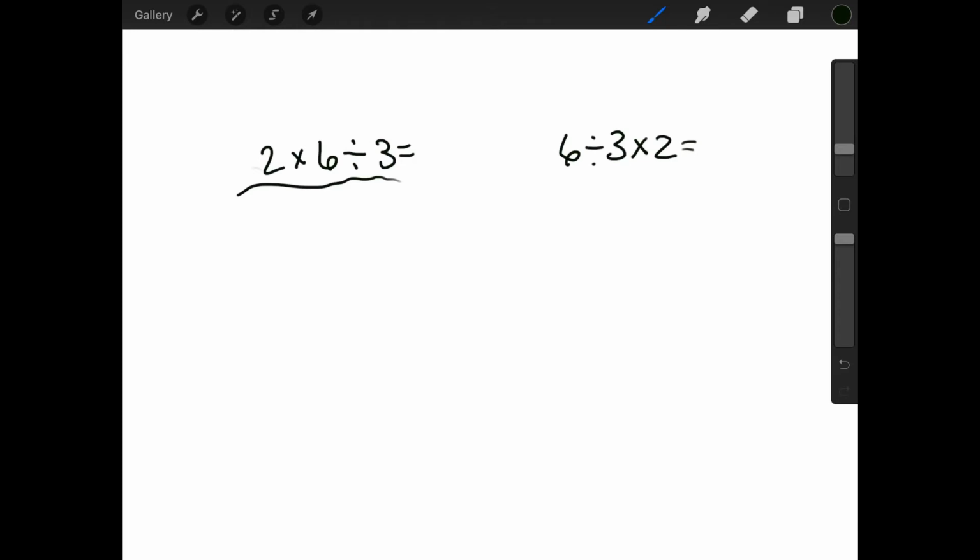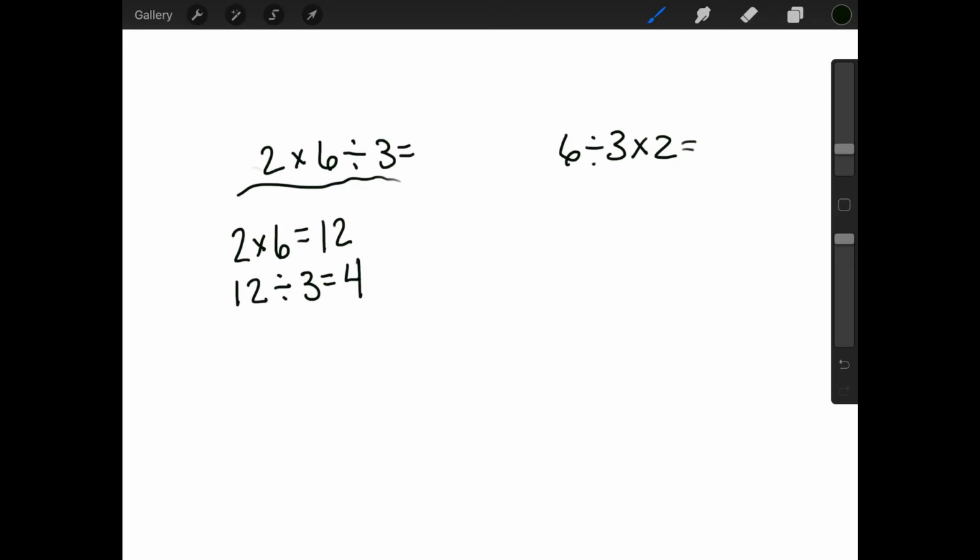Since it's on the left, if it works with both rules, you can either think multiply first or on the left, or however you do it, it'll work both ways with this one. So if we start out with 2 times 6, we have 2 times 6 equals 12. And then if we further divide the 12 by 3, we get 4.